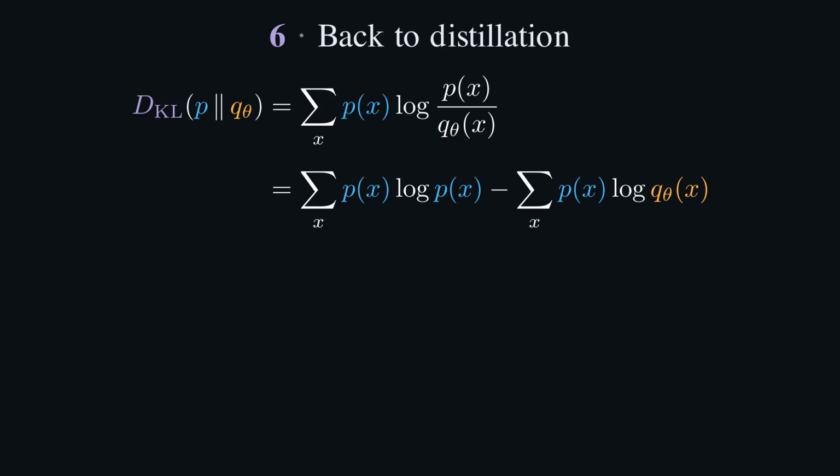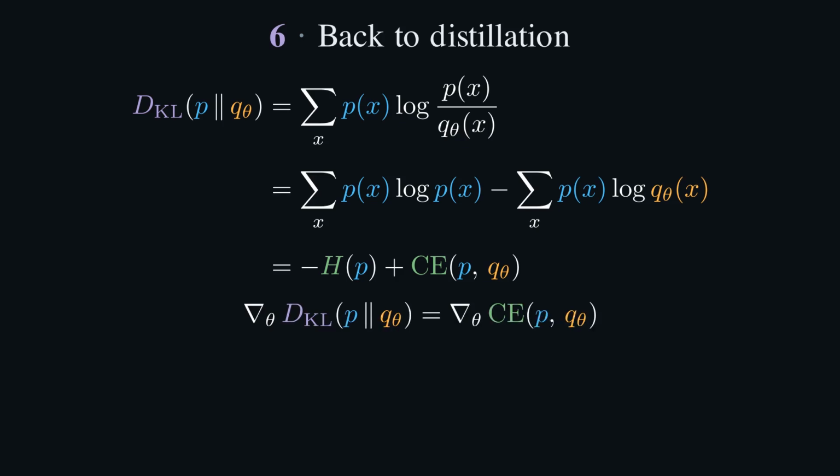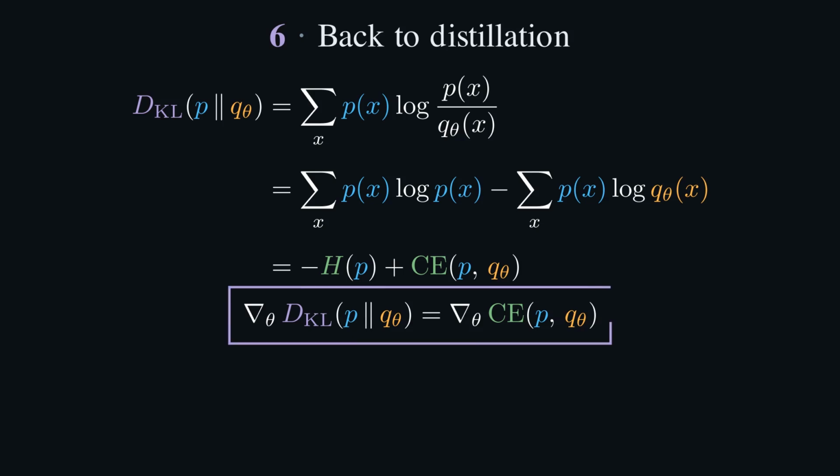We can rewrite by simply using the fact that log of A divided by B is log of A minus log of B. We can rewrite the formula for KL divergence as the cross-entropy between P and Q minus the entropy of P. And if we differentiate with respect to theta, the parameters of the model, because P does not depend on theta, P is the teacher, then we see clearly that the gradient for KL, forward KL divergence at least, is equal to the gradient for cross-entropy.